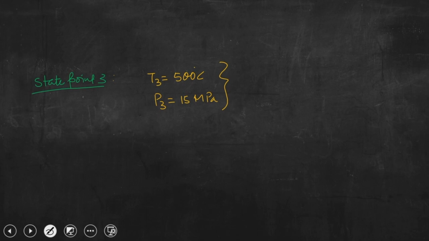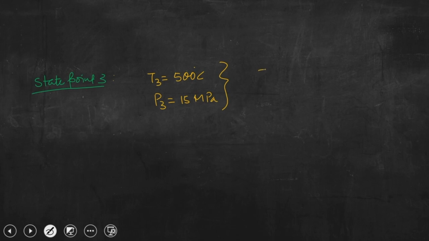Again, we can find from the steam table what is Tg at that pressure. If Tg corresponding to 15 megapascal is less than T3, then definitely T3 will be in the superheated regime.